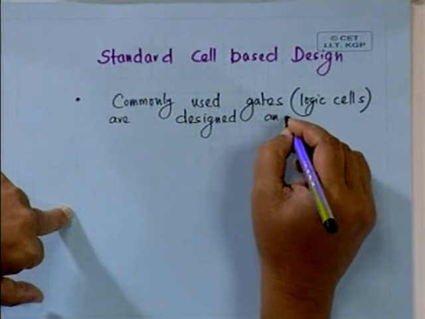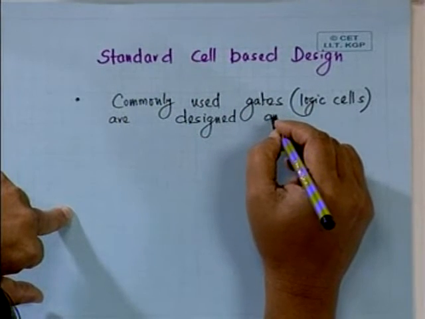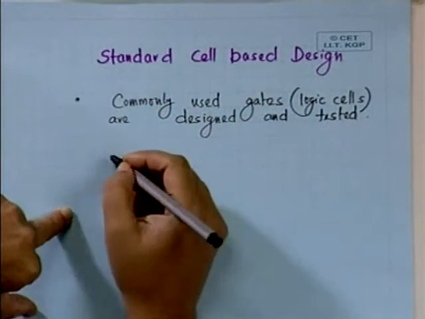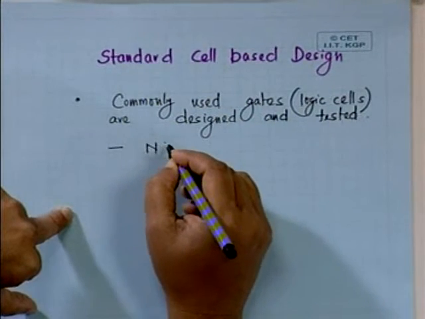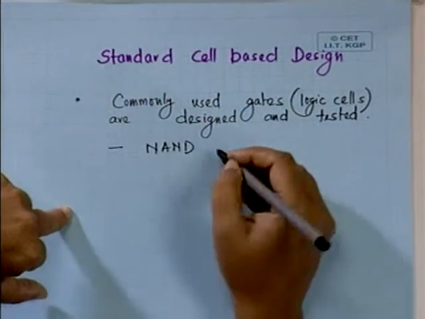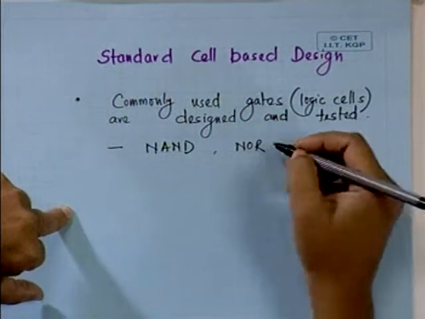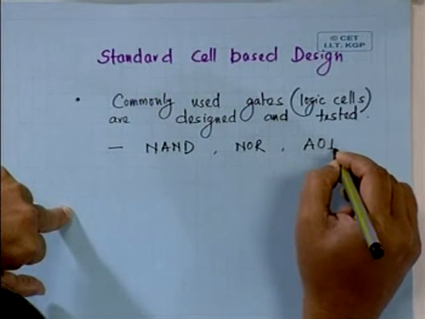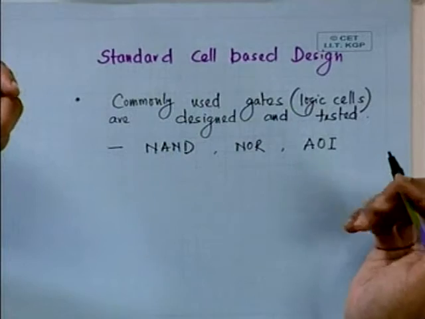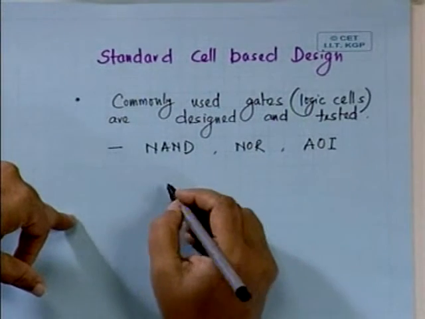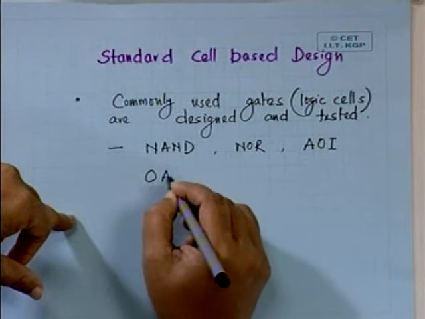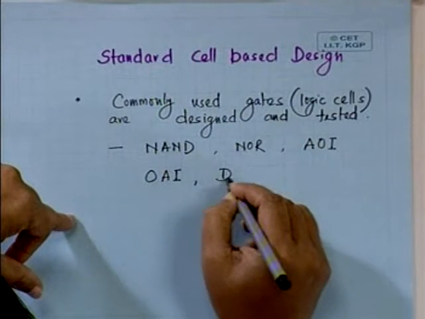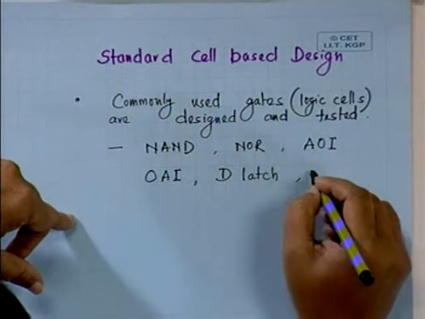Designed and tested. These are, say, some NAND gates, NOR gates, some AND, OR, inverter cells, OAI, that is OR and inverter, some D latch, some flip-flops.